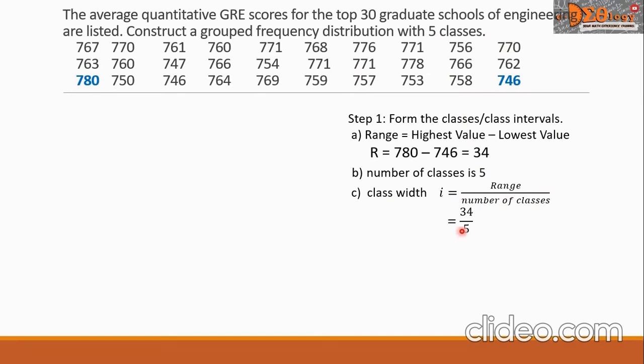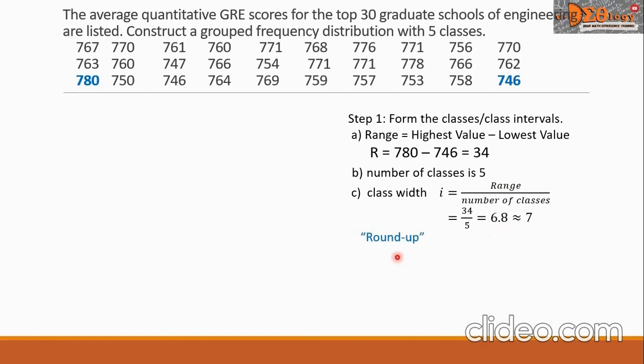So we have 34, that is the range, divided by 5, the number of classes. This is equal to 6.8. So this quotient we need to round up, and this is now rounded up to 7.